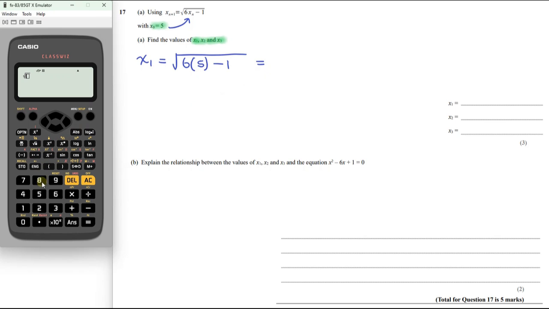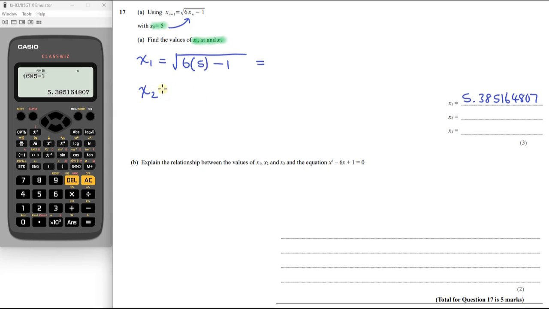It's going to be the square root of 6 times 5 minus 1, which gives us root 29. If we convert that to a decimal, we get our first iteration: 5.385164807. So that is our first iteration.